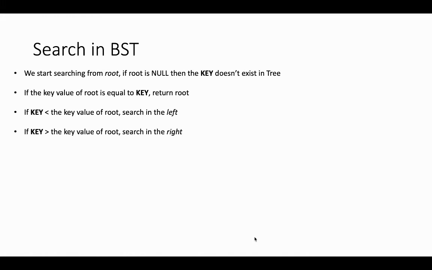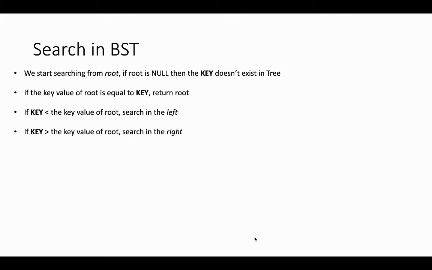Now let's see how we perform the search operation in BST. Basically we start searching from the root node, and if root is null, then the key doesn't exist in the tree. This is the trivial case or base case.